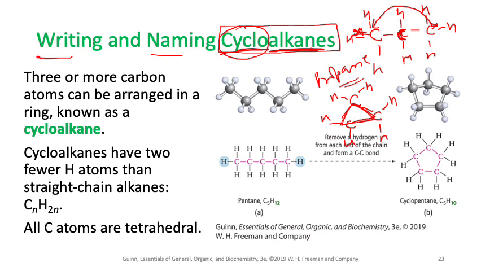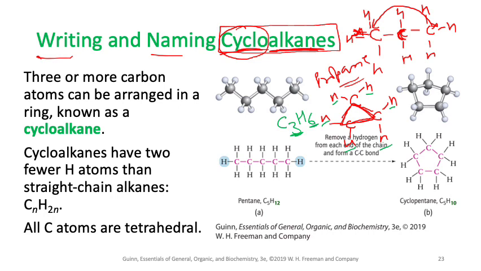This is a cyclic compound with no free end. So let's try to write the molecular formula for this cyclic ring structure containing 3 carbon. How many carbon do you have in here? 3. How many hydrogen in this one? 1, 2, 3, 4, 5, 6, right? 3 carbon, 6 hydrogen for this cyclic.